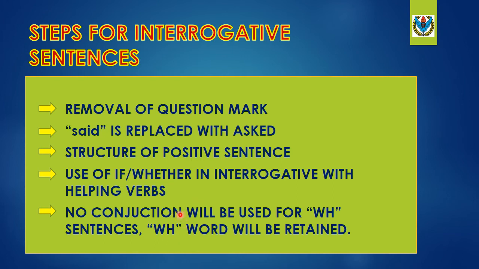And when we are converting a sentence that starts with a WH word, no conjunction will be used. For interrogative sentences that start with a WH word, no conjunction will be used. The WH word will be retained. We have just seen that we retained the WH word and no other conjunction was used.